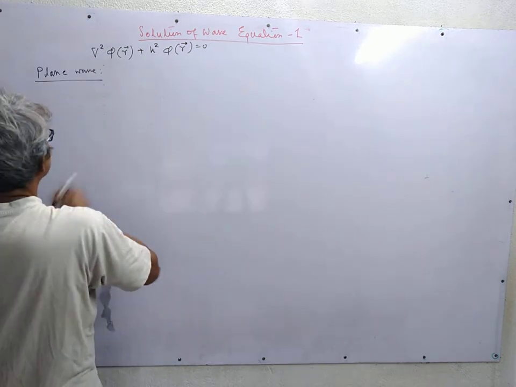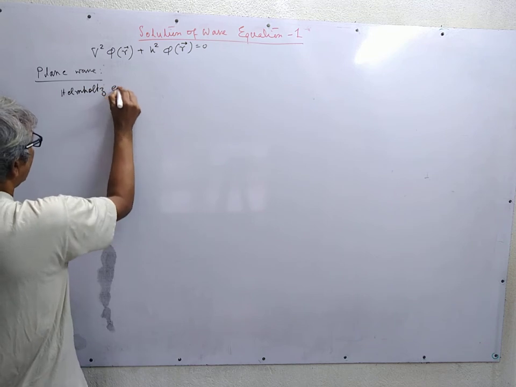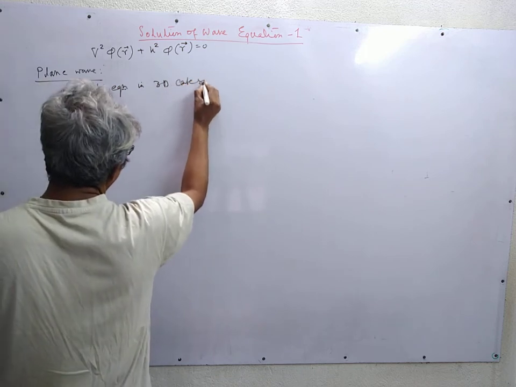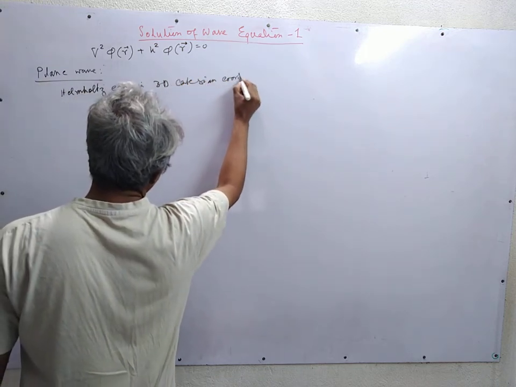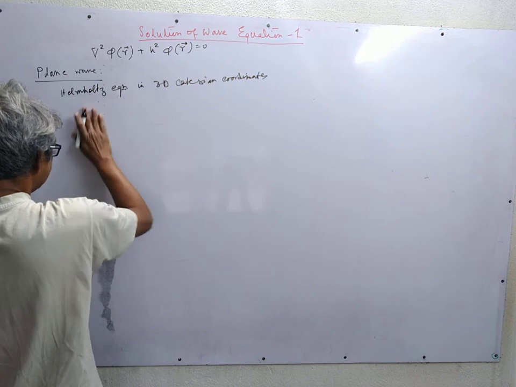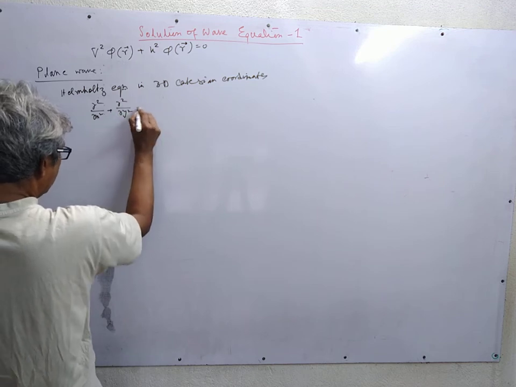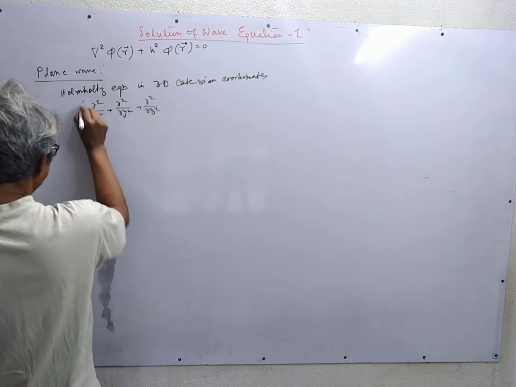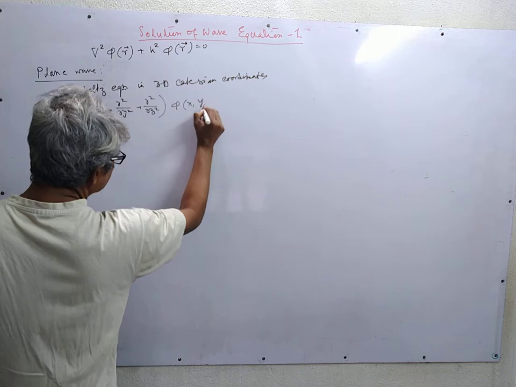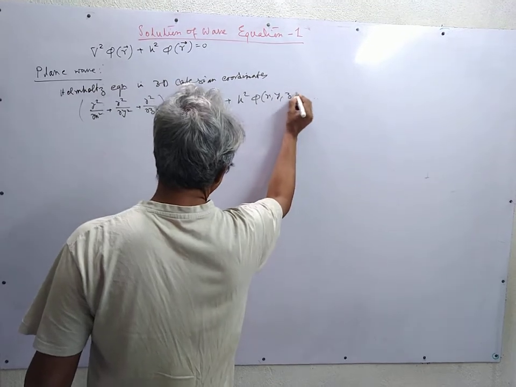If we solve the Helmholtz equation in 3D Cartesian coordinates, it looks like del 2 del x2 plus del 2 del y2 plus del 2 del z2 times phi of x y z plus k square phi of x y z is equal to 0.